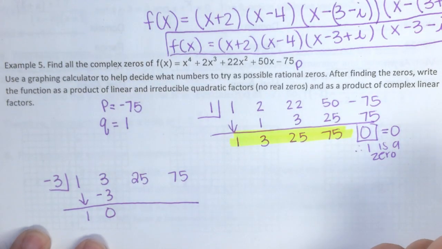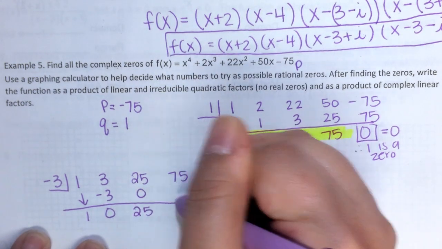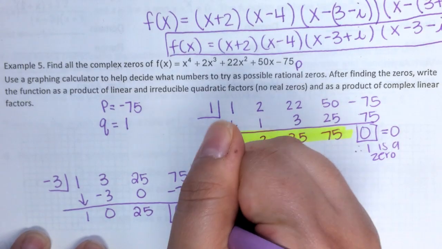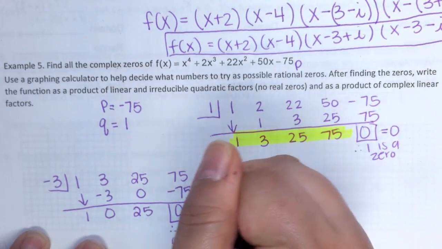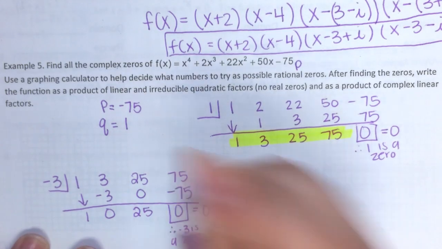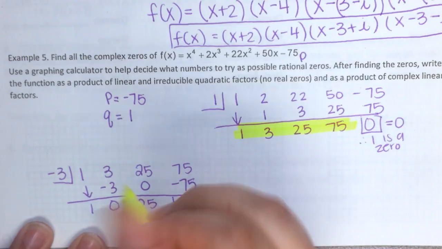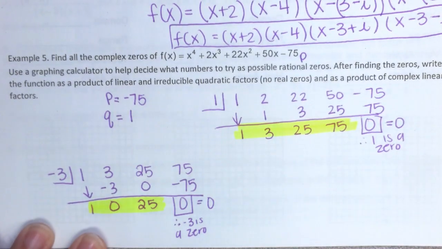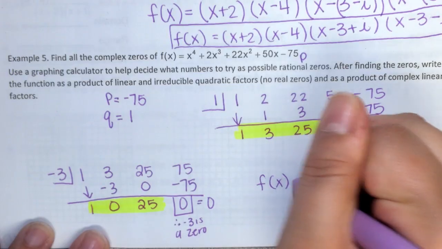I don't hate it, as long as I can follow it. Oh, looky there. And what do you notice about my depressed polynomial here? So what are my factors here?